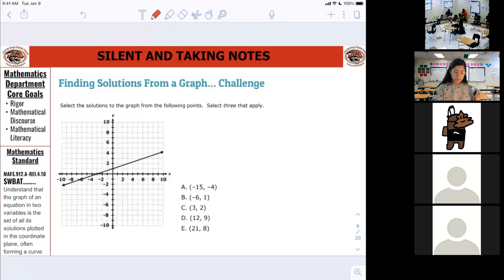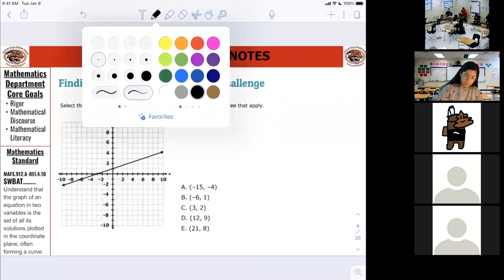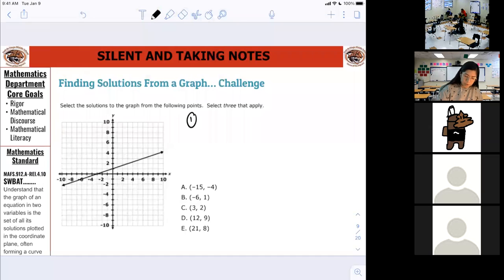It keeps going. These arrows tell me that this line keeps going on and on forever in this direction and in the other direction. So even though we can't see those points in front of us, there is a way to figure out if they belong to this line. So what we're going to do, step 1, is write an equation for the line.